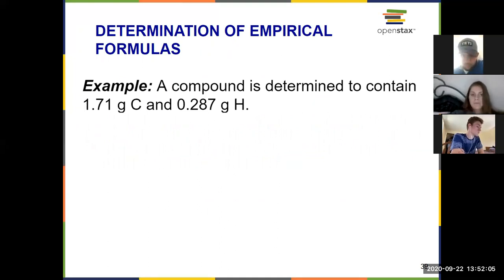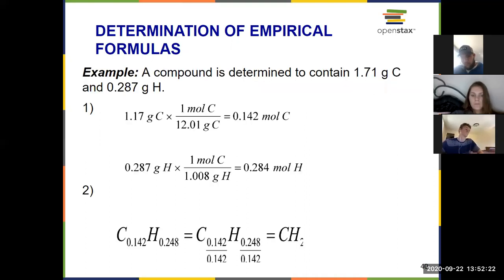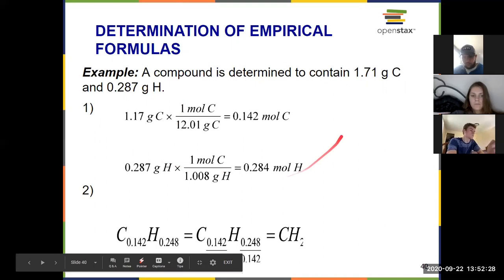You're going to do that conversion 1,000 times by the end of the semester. You use the atomic mass to convert from grams to moles by dividing by the atomic mass. After you do that, you're going to get 0.142 moles of carbon and 0.284 moles of hydrogen. So that's after step 1, just converting them to moles.